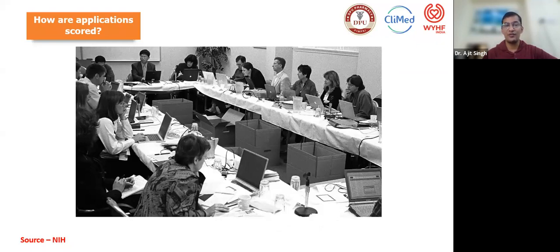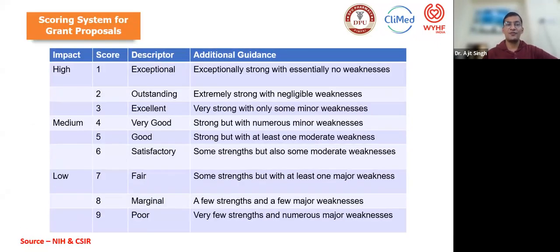This is a meeting of proposal reviews, the final meeting with a lot of funding proposals. This is the picture from the NIH database. See, the scoring system for grant proposals. Look at this.